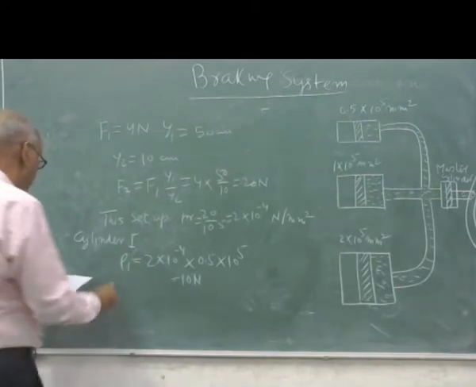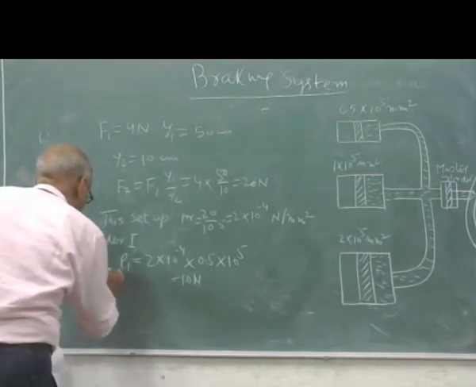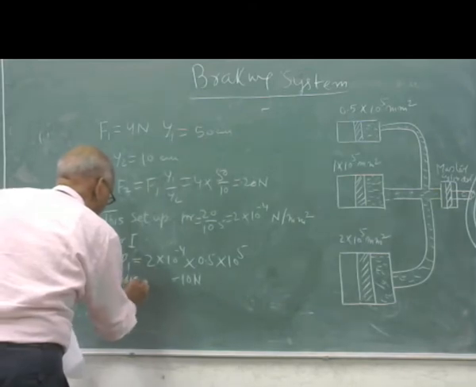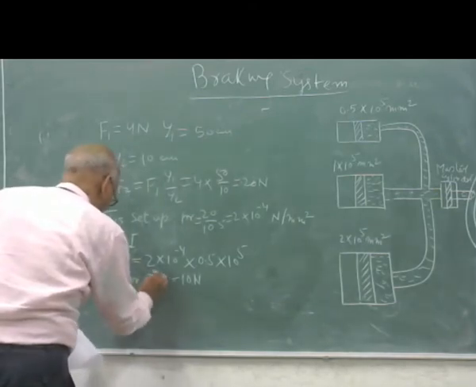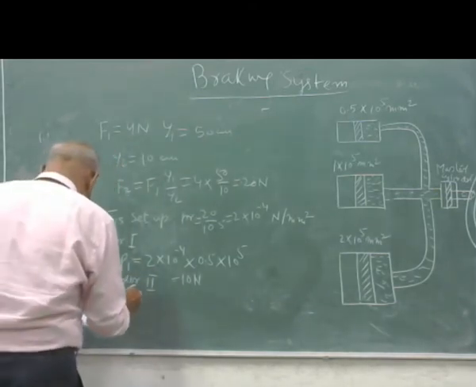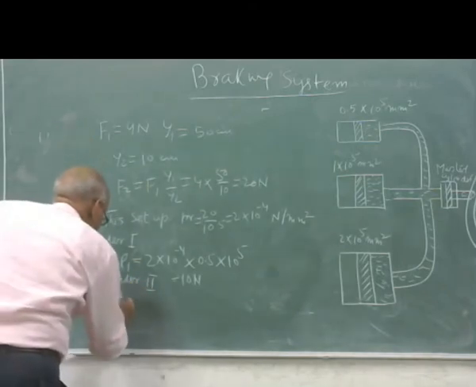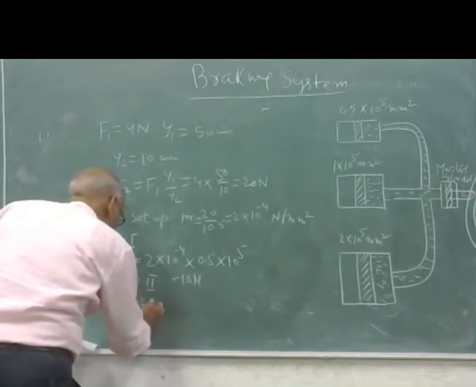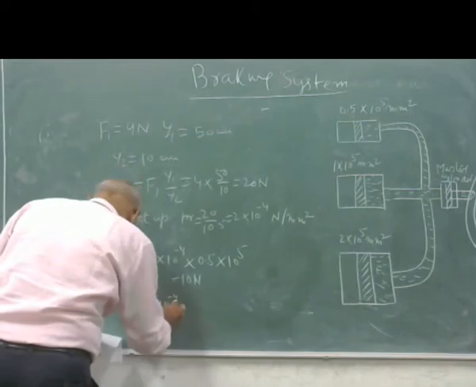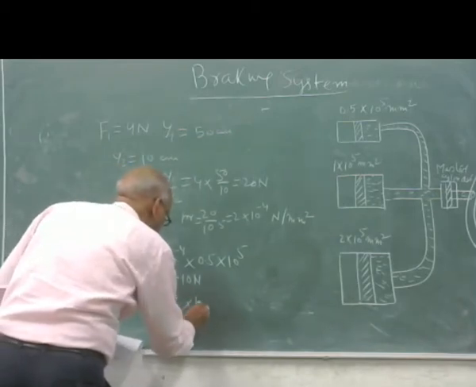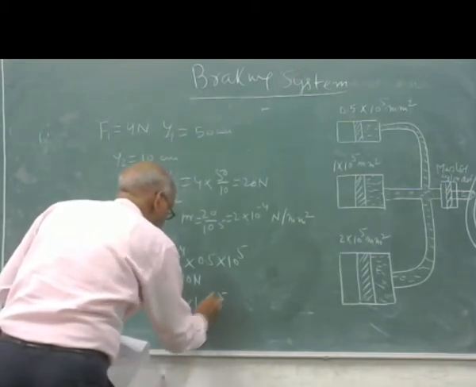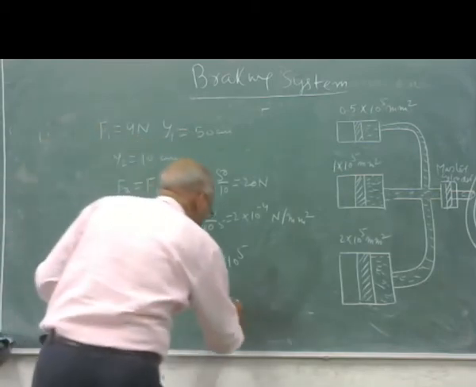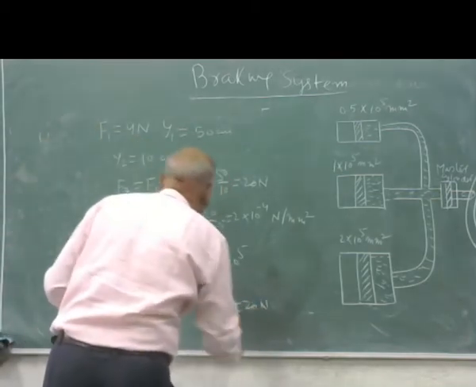Now, similarly for cylinder number 2, pressure P2, 2 into 10 power minus 4 into 1 into 10 power 5, and that is equal to 20 Newton.